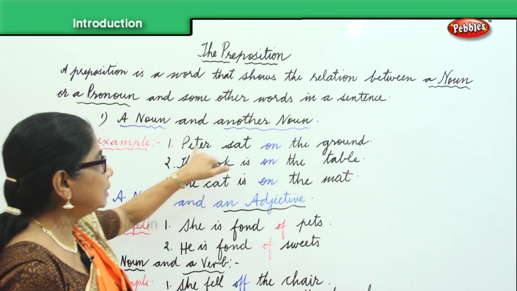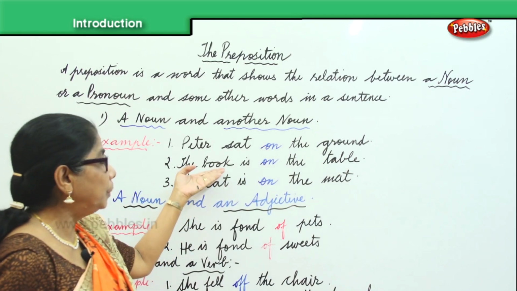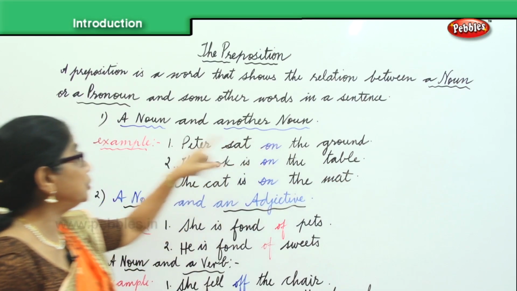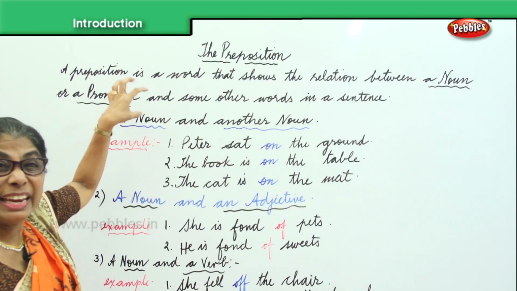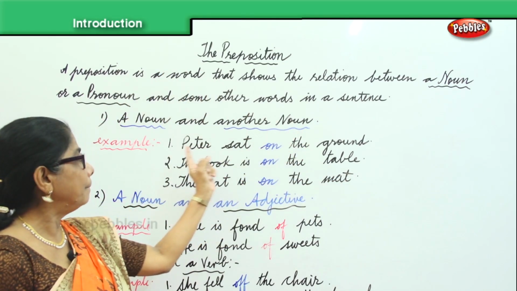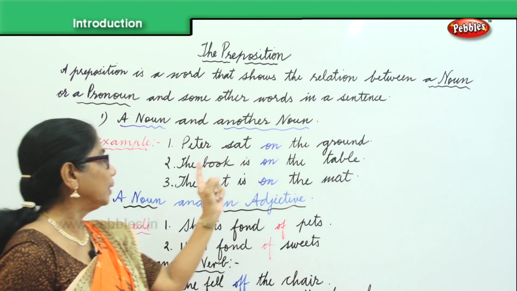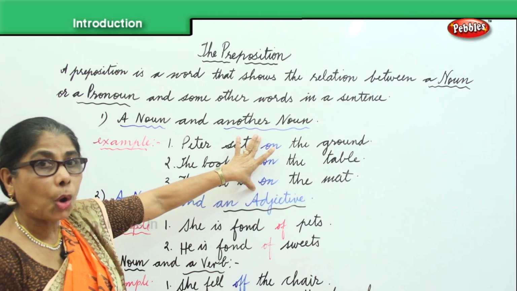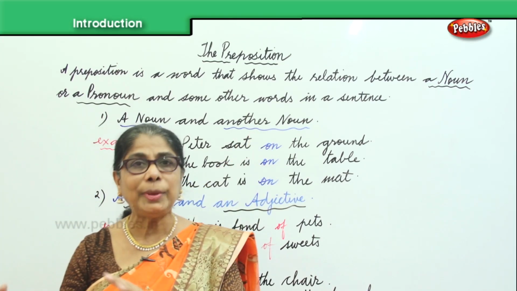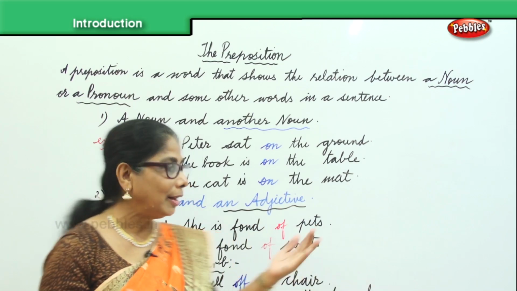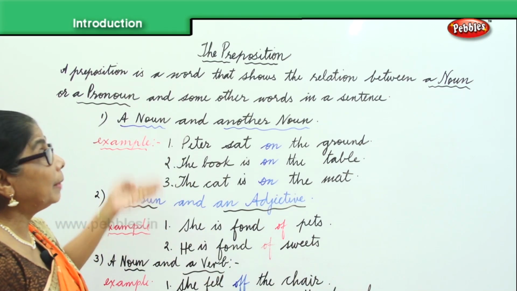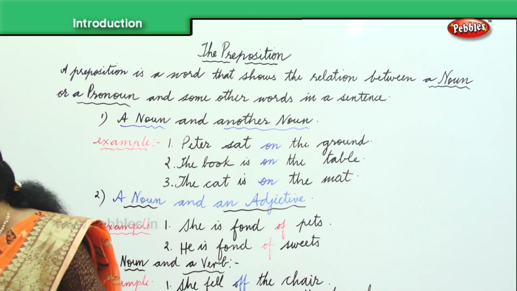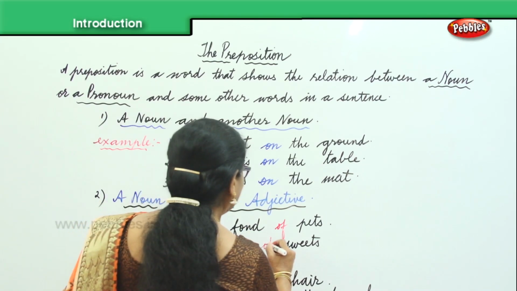Noun, Peter, ground. Book, table. Cat, mat. So the preposition on shows relation between noun and another noun. Now let's look at the second set. The preposition of shows relation between a noun and an adjective.